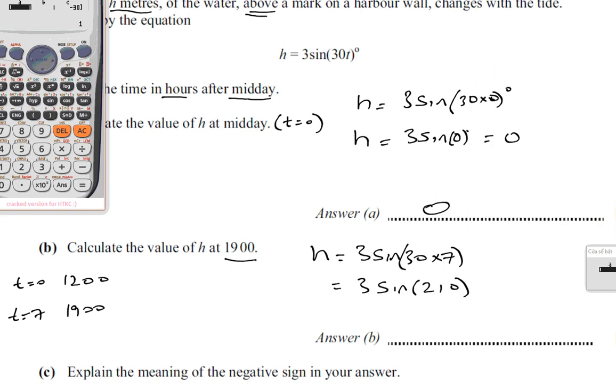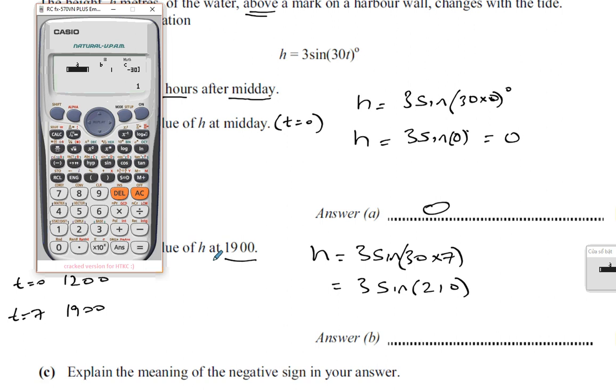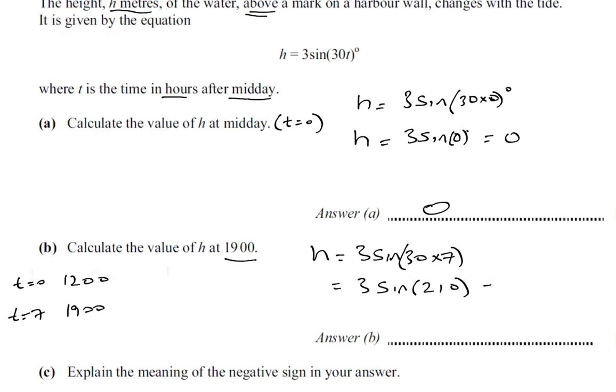So we have sine of 210, which gives us minus a half. So we've got 3 times negative a half, which is minus 1.5.